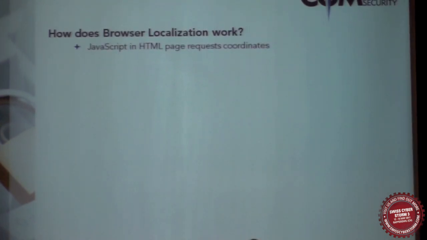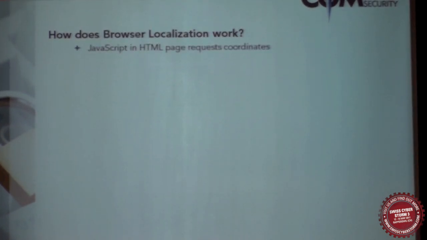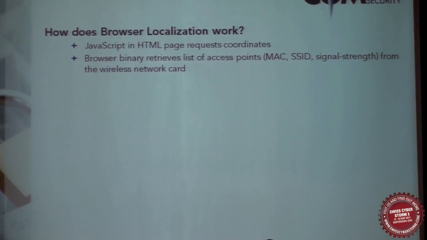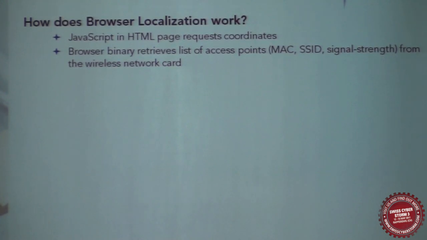JavaScript issues this getCurrentPosition request. The browser asks your network interface, your wireless card, what access points do you see? And then it retrieves this list of access points. Let's say you see here HSR or SCS3 and MAC address and signal strength.